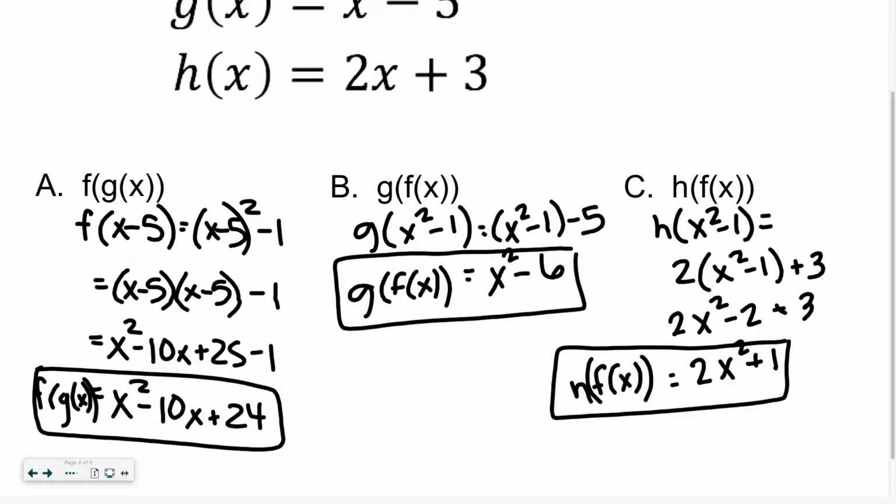Questions, concerns? Okay, now when might you use compositions? Well, it could be a case of like, let's say you're studying something and you're getting temperatures in Fahrenheit, you need to change them into Celsius, and then you're going to do some other kind of calculation with the temperature for some reason.